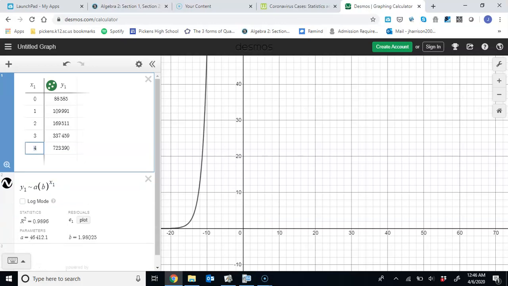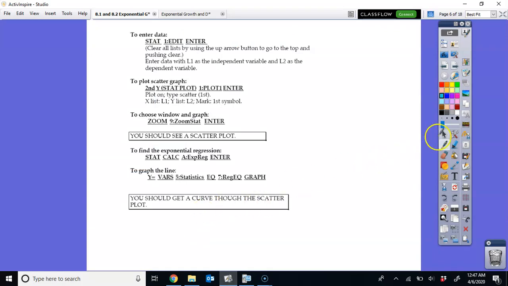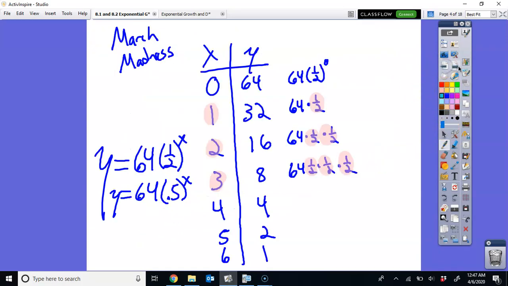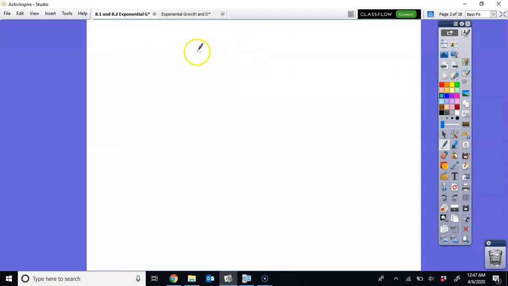All right. So now notice my graph has flipped around. And it's going to be hard to see because it's way up in the 80,000 to 723,000 range. But notice that my beginning amount, my A value is here, and my B value is 1.98. So this is our coronavirus example here.